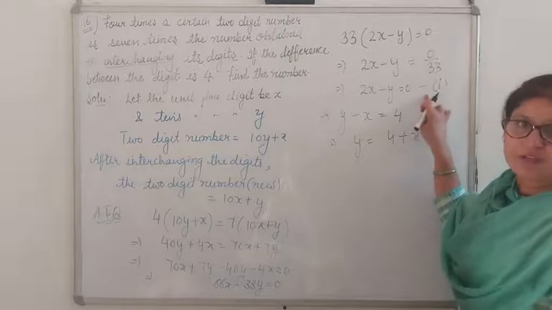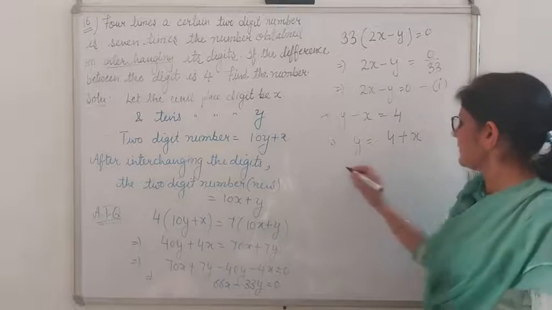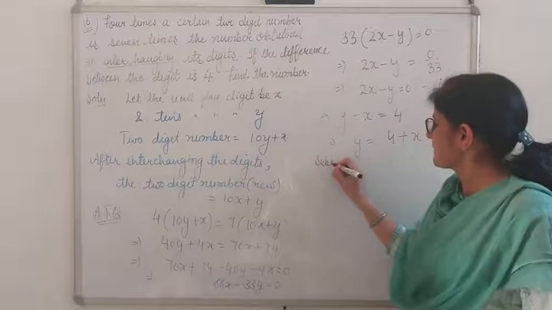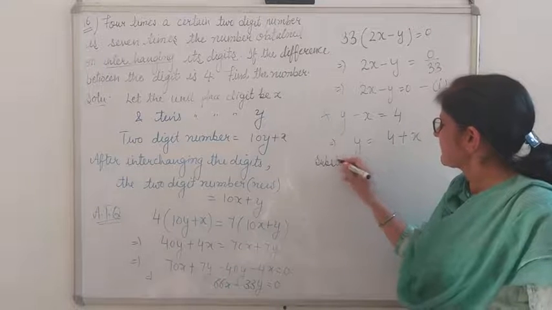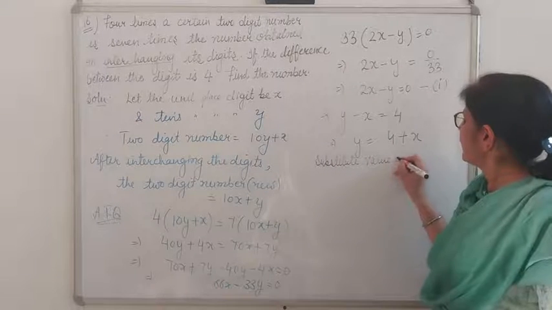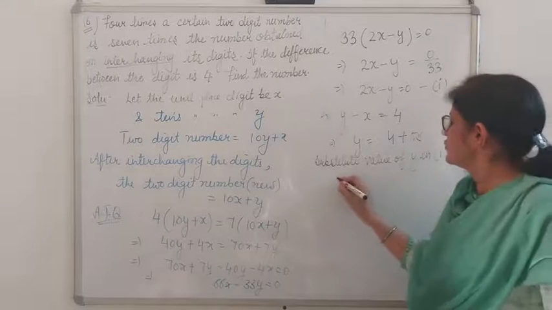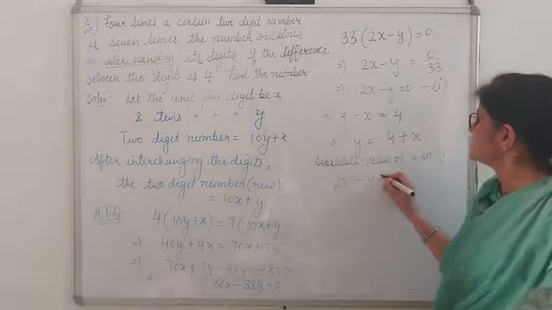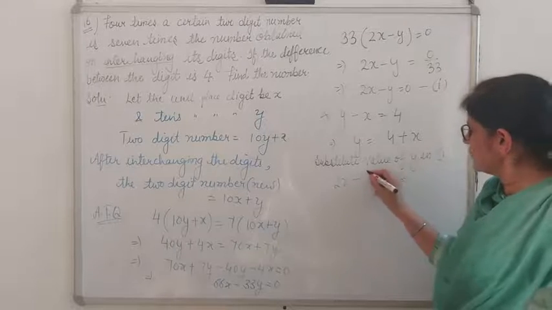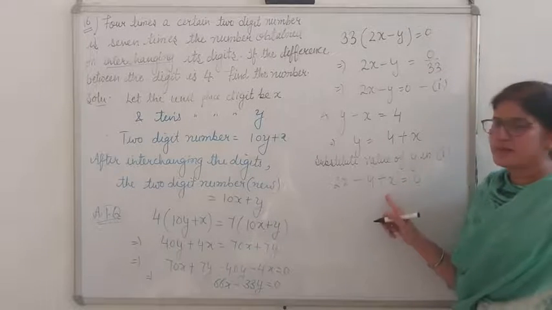This you can substitute in the first. Value of y in the first: 2x minus 4 plus x is equal to 0. Why do we take the bracket here?